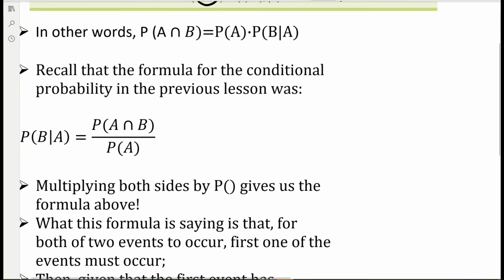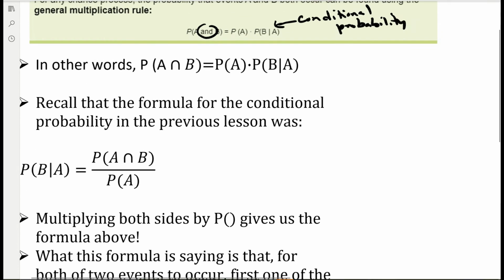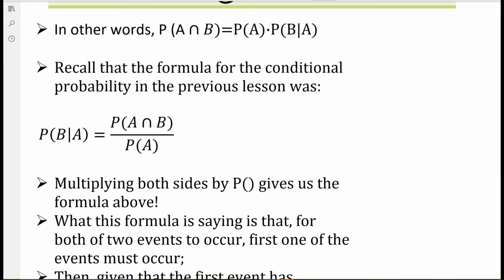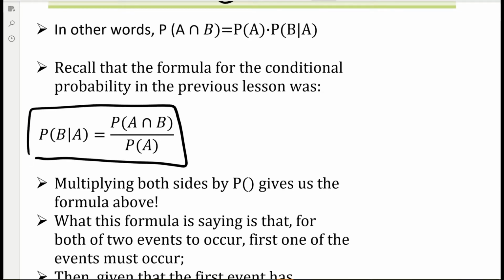So remember that this formula actually comes from the formula we talked about in the previous lesson. In the previous lesson, we had the formula for the conditional probability. And recall that the formula was this formula right here, and it was the probability of B given A was the probability of A and B divided by the probability of A. So if we multiply both sides by P of A, then the P of A's cancel, and that leaves us with the formula that we have here.